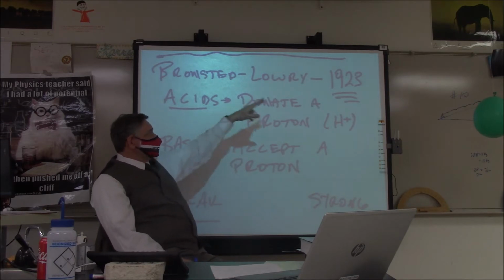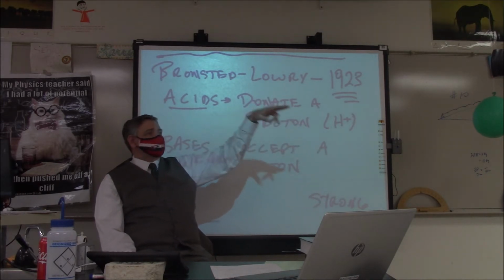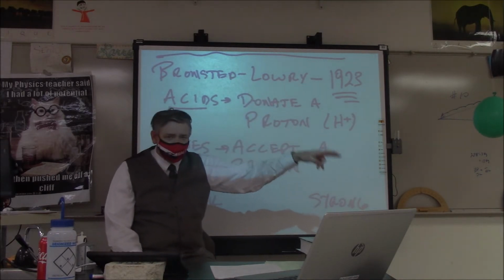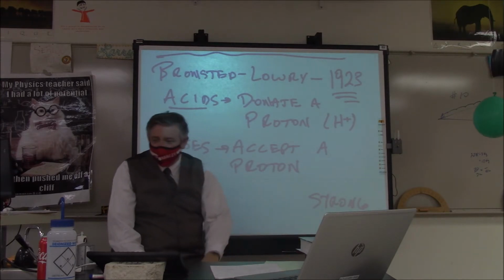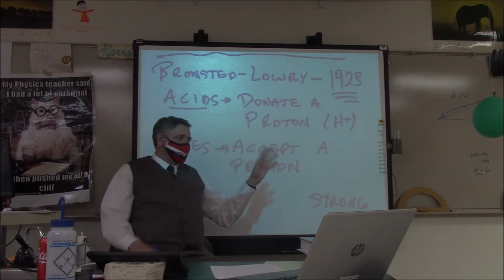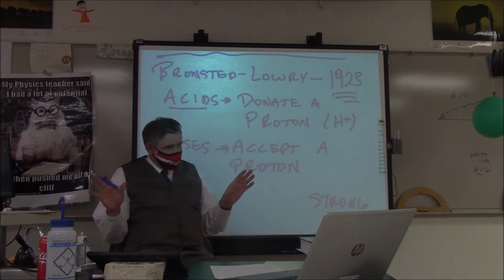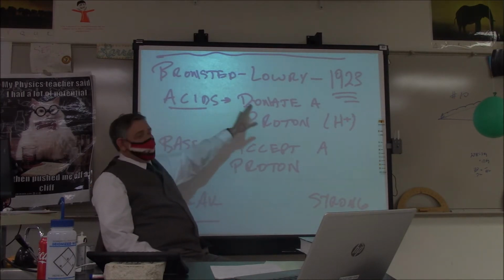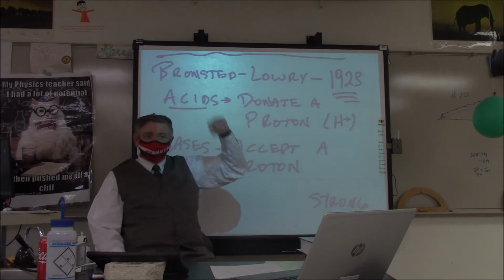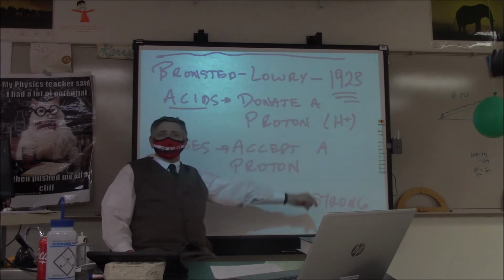The reason you didn't have this before 1923 is because we didn't know protons, electrons, and neutrons existed. It wasn't until the early 1920s that we even found the subatomic particles, so you couldn't have had this definition prior to their discovery.